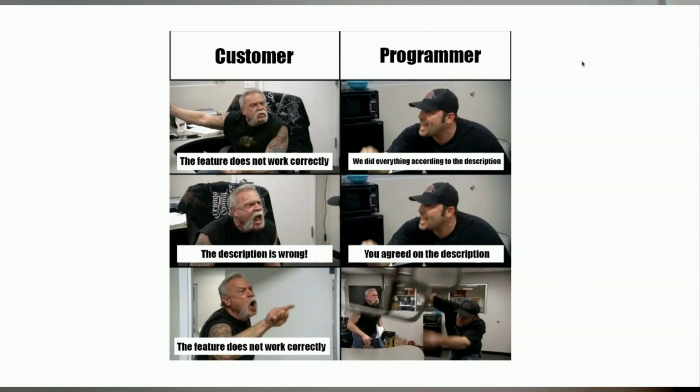The programmer says we did everything according to the description, what you have given us, we have applied everything in the system. Then the customer says again the description is wrong, which means it is not meeting their expected requirements. The programmer says, do you agree to the description? Then they start fighting.